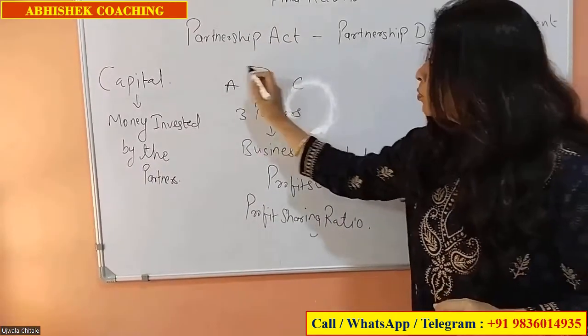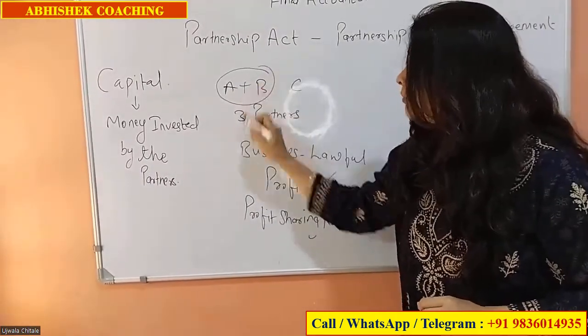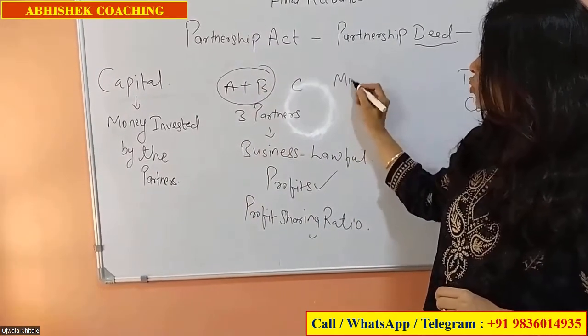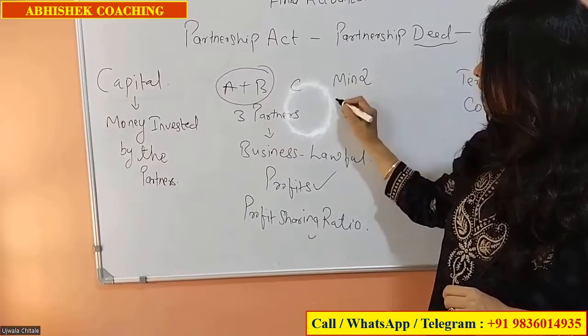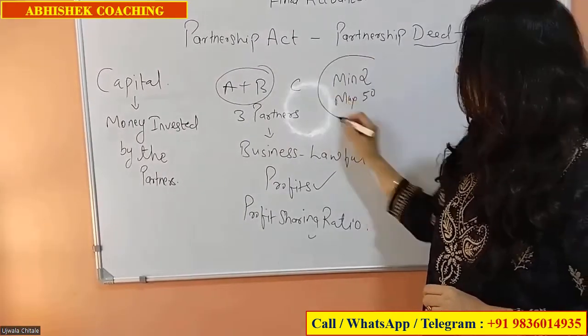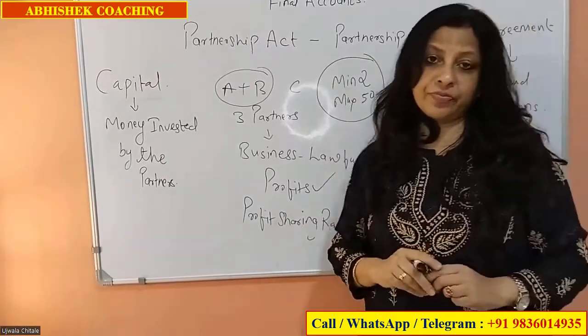There are a minimum of two people, 1 plus 1. The Act says that there has to be a minimum of 2 persons and a maximum of 50. This will be the composition of a partnership firm.